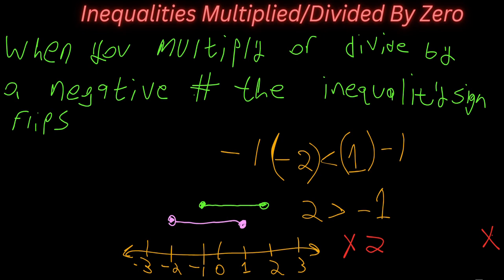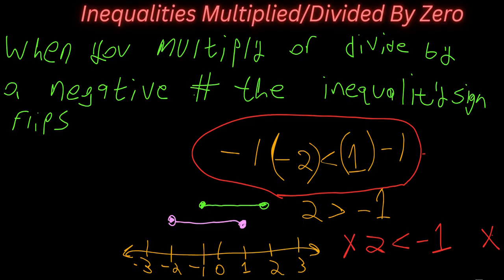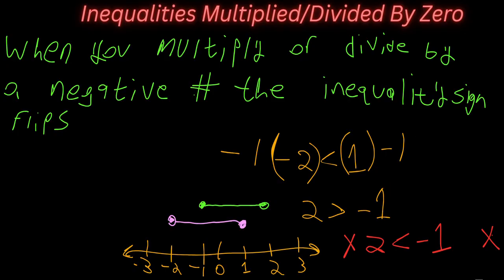Don't lose sight of that. This is wrong. It would become 2 is less than -1. If I didn't flip the sign, this expression here would become this, which is not true. That's why we have to flip the sign. Okay?